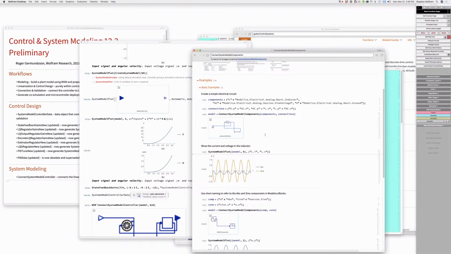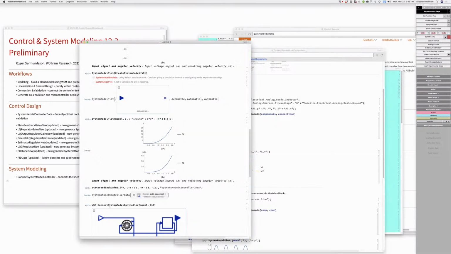Would I be able to hook this up to the Arduino stuff and download some controller to my Arduino? Yeah, there are two interesting scenarios. One is that we have the microcontroller kit, and the controller you designed will work excellently on an Arduino. It will just work right away.